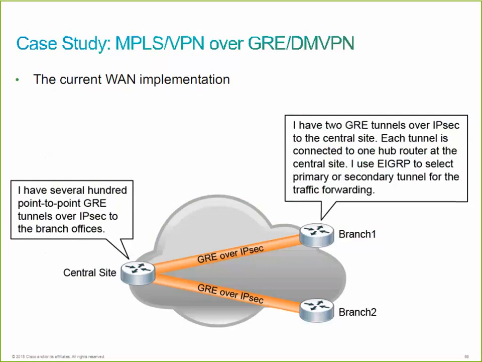Now I have to fill in some gaps here, right? We need to know what our WAN consists of and how the physical topology looks. Let's assume in this case that the WAN has a central site and then we have several hundred branch offices. The central site has two routers, even though we only see one on the diagram here.